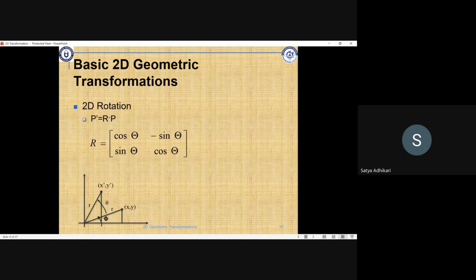And this is your rotation matrix. And you see here p dash is obtained by R dot p, that is R multiplied with p. R is the rotation matrix and p is the initial position, that is cos theta, minus sin theta, sin theta, cos theta, multiplied R dot p.